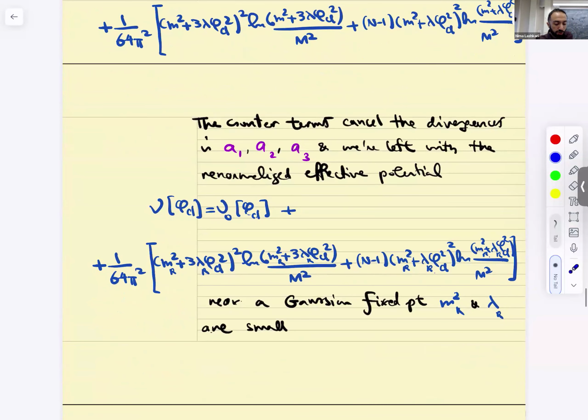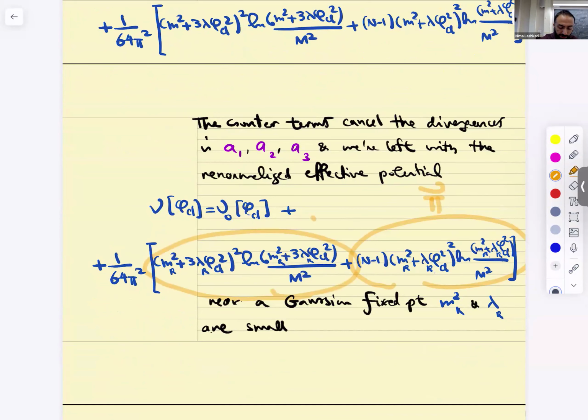So the renormalized thing is going to be phi 0, phi classical, 1/64 pi squared, this expression. This is the contribution. So let's just analyze this. This is the contribution of the pi fields, right? This is the contribution of the sigma fields. Notice the mass term here, right? And the mass term here, n minus 1 component.